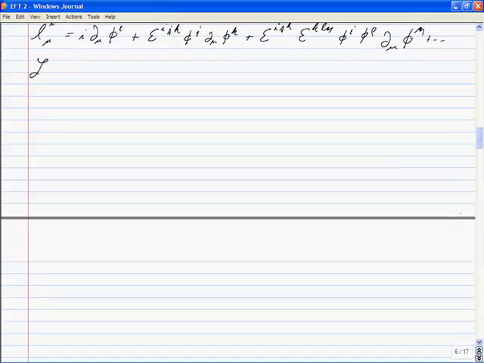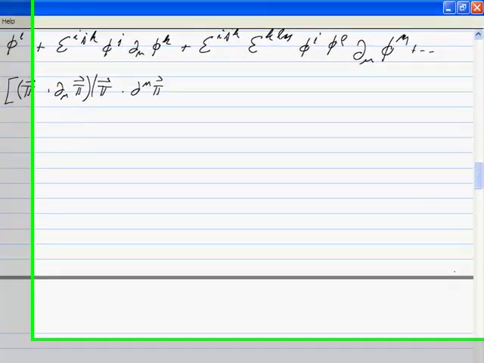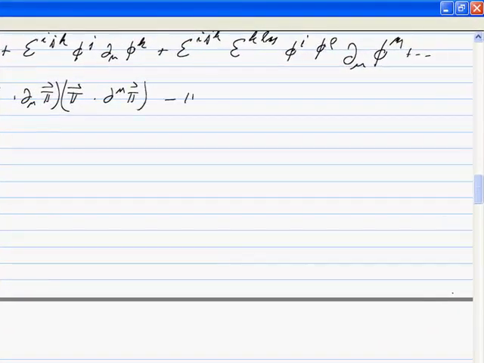When the dust settles, L is 1 over 6 v squared pi dot d mu pi dot d mu pi minus pi dot pi d mu pi d mu pi.